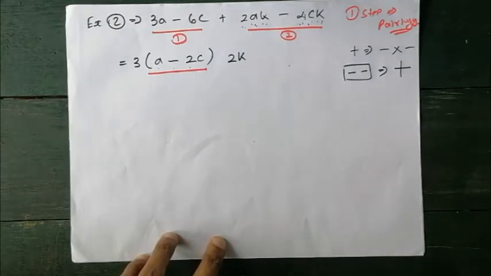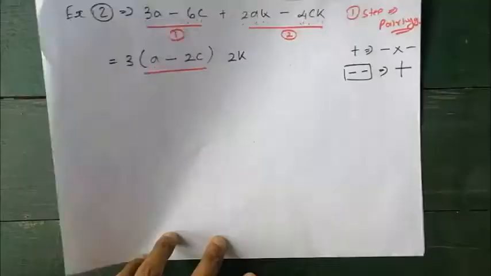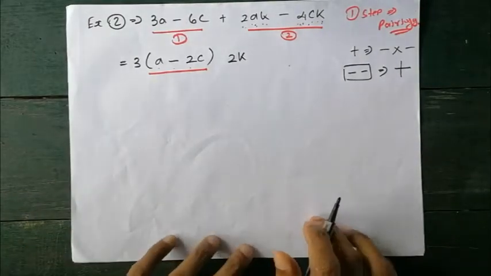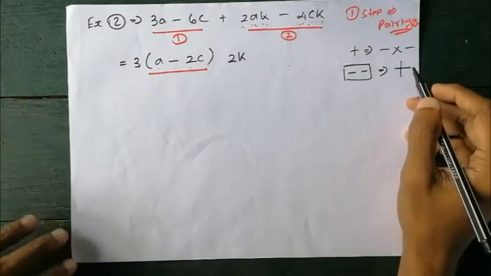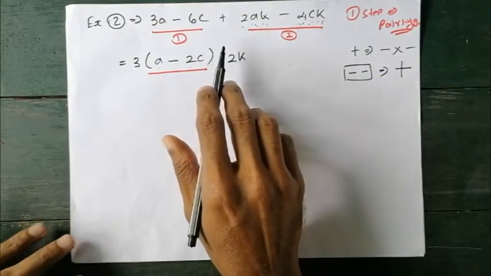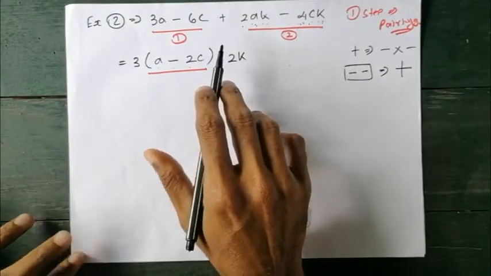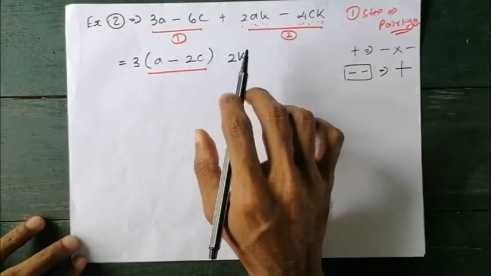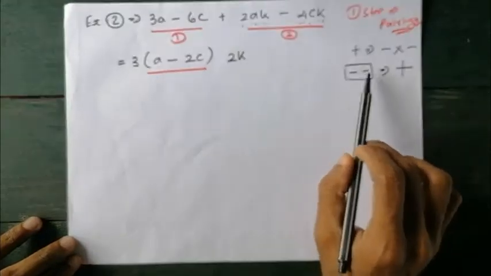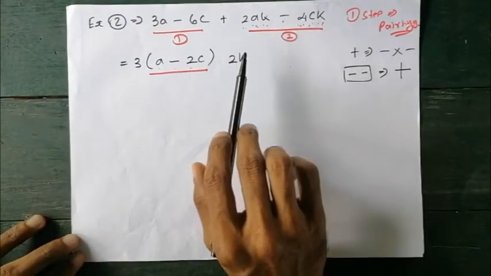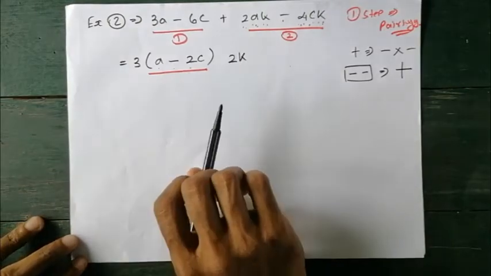That's how the plus sign came. So we need to check with the sign also, because we are taking the common with the sign. Plus has 2 minuses, here we have a minus, so we can take out a minus also.